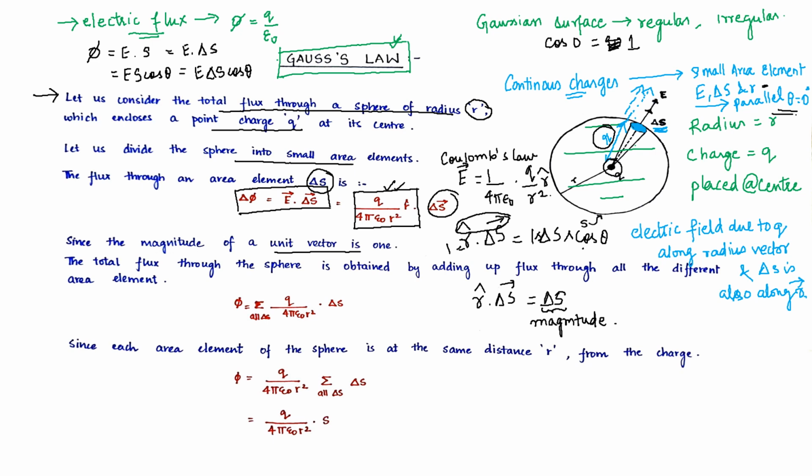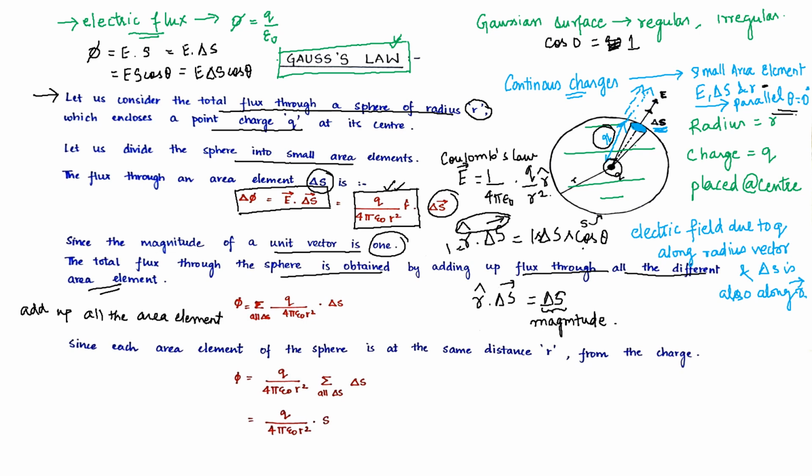Since the magnitude of the unit vector is 1, the total flux through the sphere is obtained by adding up the flux through all the different area elements. We will add up all the area elements. We have taken one small area element.